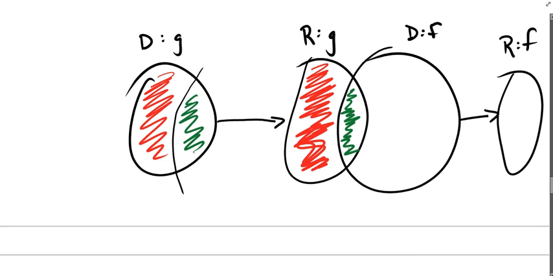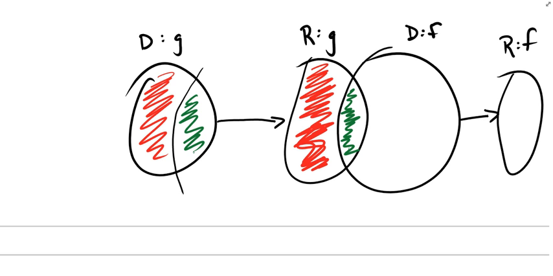And the red part in the range does not fit in the domain of f. So that's not part of the domain of f of g, because it's fine for g, but the output is negative and doesn't work.